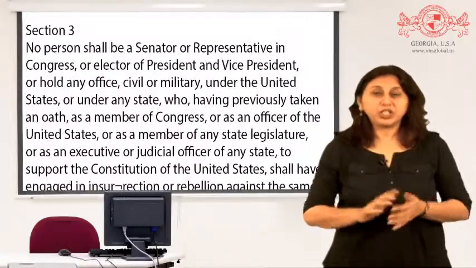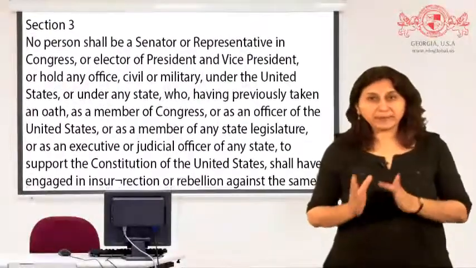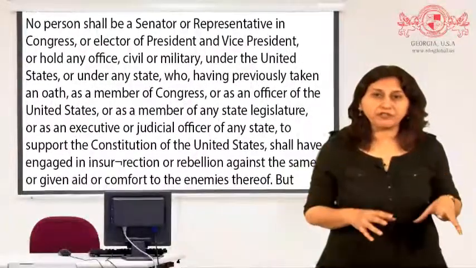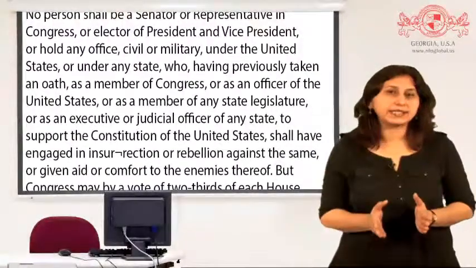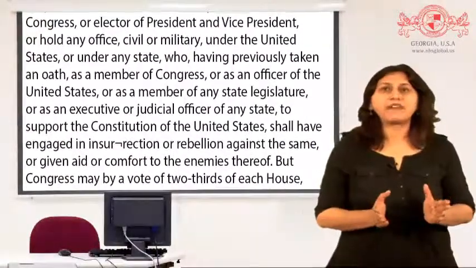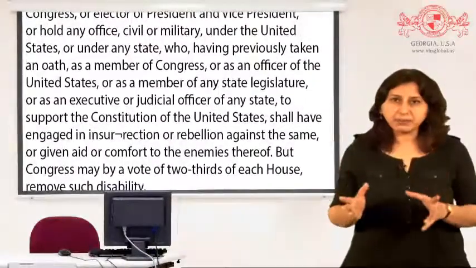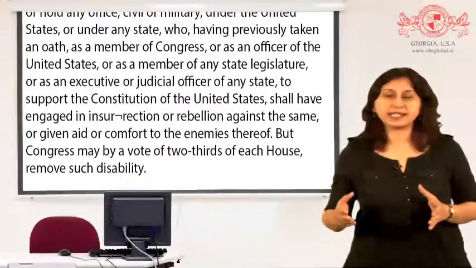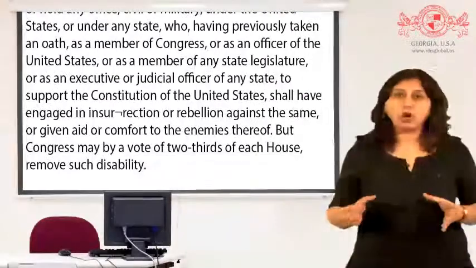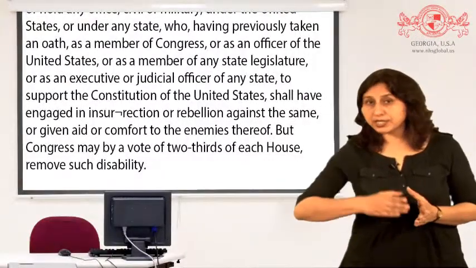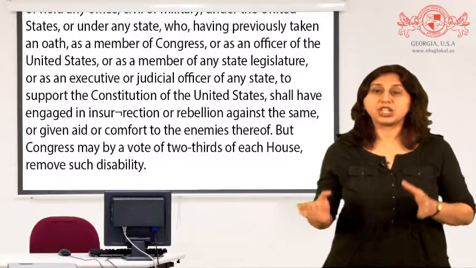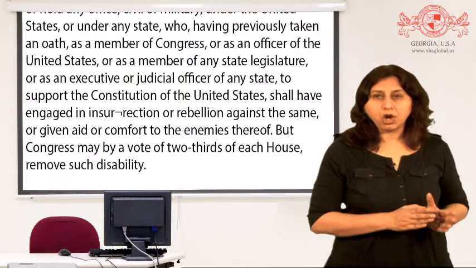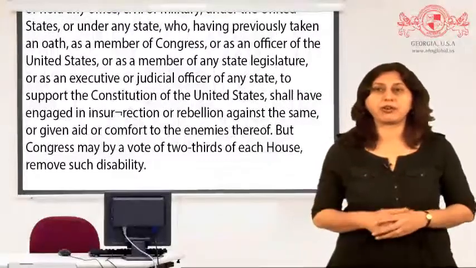Section 3. No person shall be a senator or representative in Congress or elector of President and Vice President or hold any office, civil or military, under the United States or under any state, who, having previously taken an oath as a member of Congress or as an officer of the United States or as a member of any state legislature or as an executive or judicial officer of any state, to support the Constitution of the United States, shall have engaged in insurrection or rebellion against the same, or given aid or comfort to the enemies thereof.